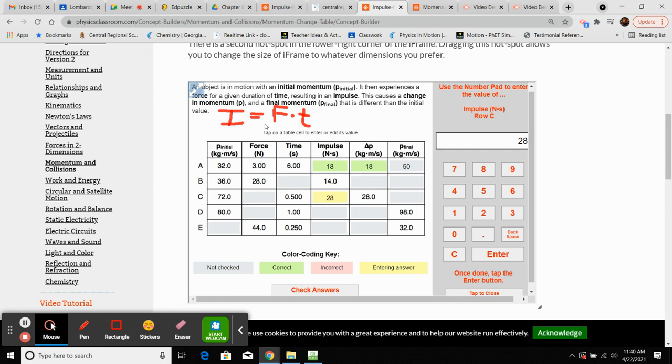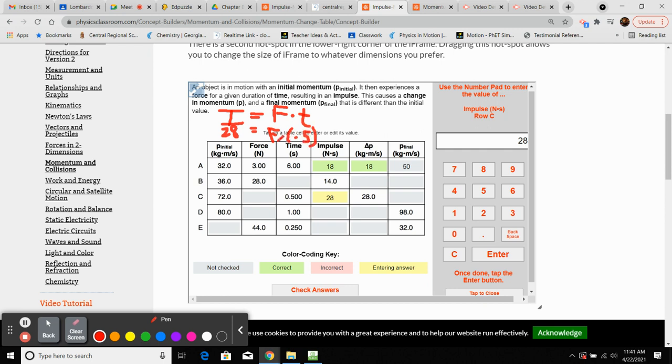So an impulse is a force times the time. And so I is 28 and T is 0.5. So to get F by itself, I would divide both sides by T. Does that make sense? So if I put the numbers underneath, let's say the impulse was 28 equals F times 0.5.